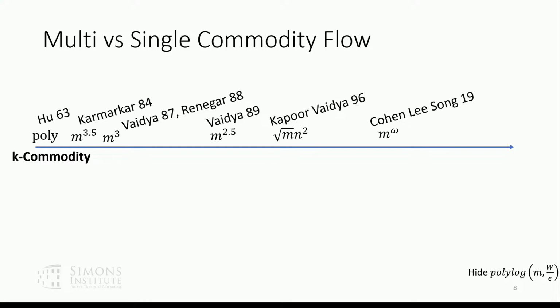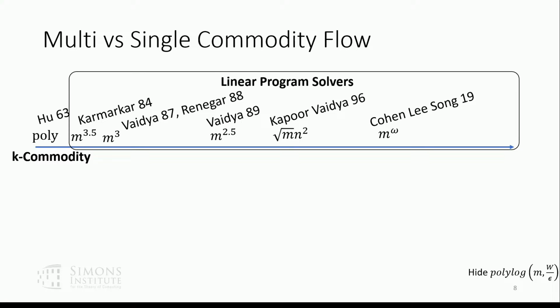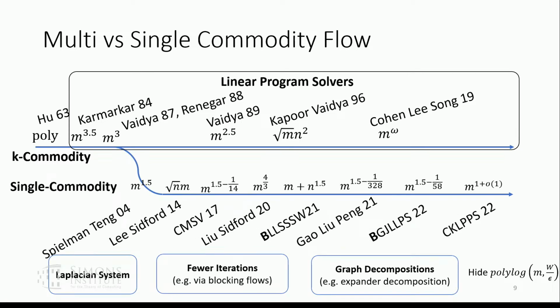And that is super different from what happened in the single commodity case. Spielman and Teng showed that Laplacian systems can be efficiently solved, and that immediately implied that a whole bunch of continuous optimization algorithms became more efficient.